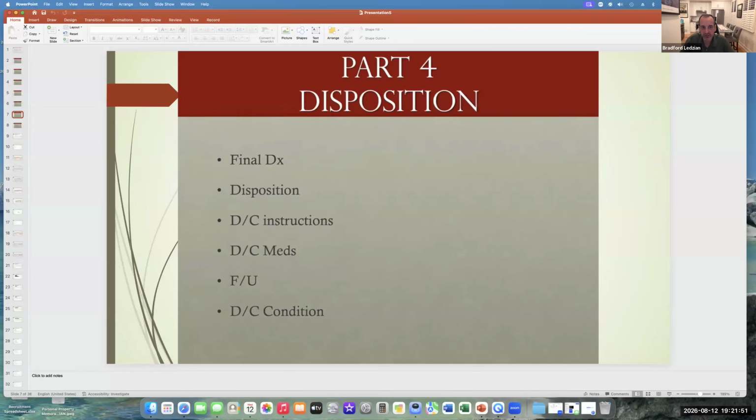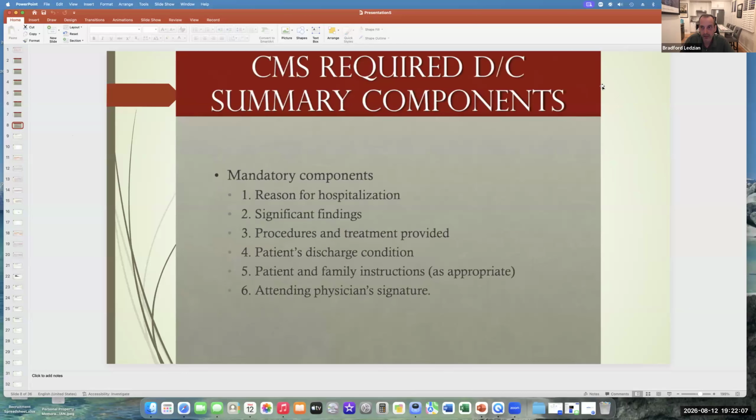And then your disposition: you need your final diagnosis, disposition, where they're going. They need DC instructions, their DC meds, which are going to be different than their home meds, very likely. They need a follow-up date, time, location, instructions, and their discharge condition. Now, there are some things that are mandatory by Medicare, mandatory components of every discharge summary. If you're doing these, you have to include these.